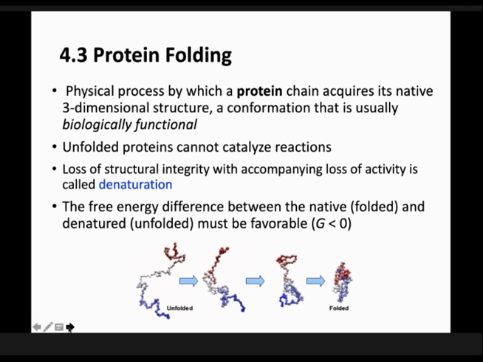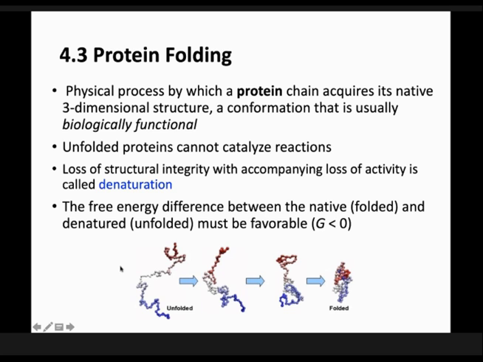Something very important is protein folding. I mentioned that one of the reasons for sickle cell disease is because hemoglobin cannot fold in the proper way. So folding, you should know this term, right? When the protein is unfolded, it's not functional. It needs to be folded in order to have the 3D structure and function and do whatever the protein is in charge of doing.